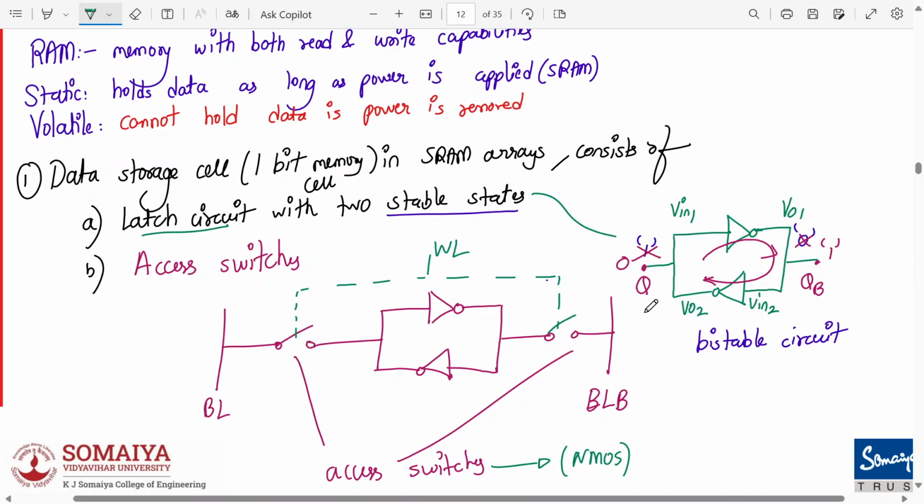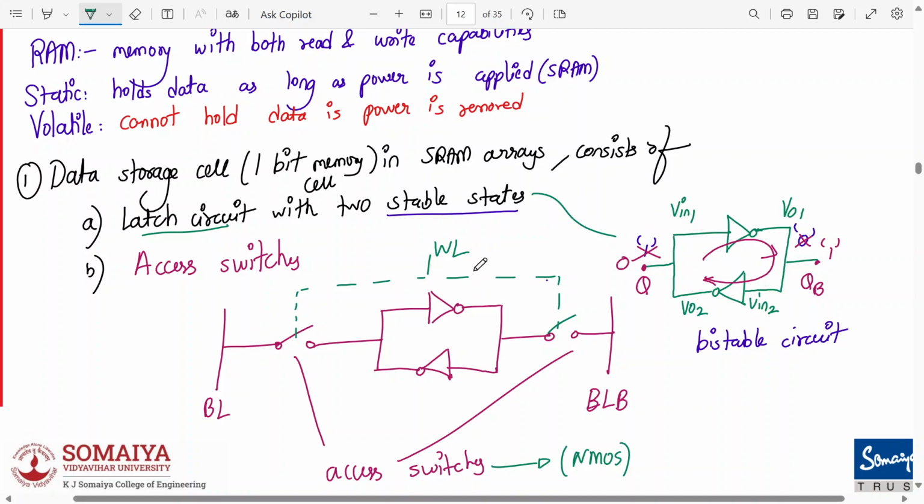Whenever these switches are on, we can write into or read from the memory. These access switches are turned on using the word line, so they are controlled by the word line.